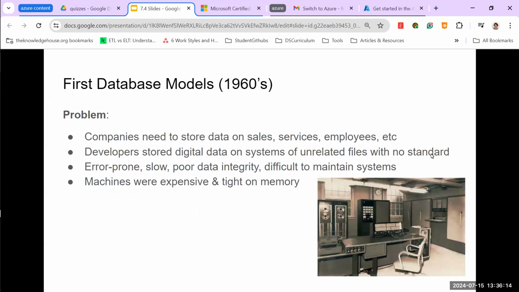Now, the problem was, even though we had these so-called databases where companies were hoping to take physical information, like information on sales, services, employees, et cetera, and store it in a digital medium, there was no standard, right?